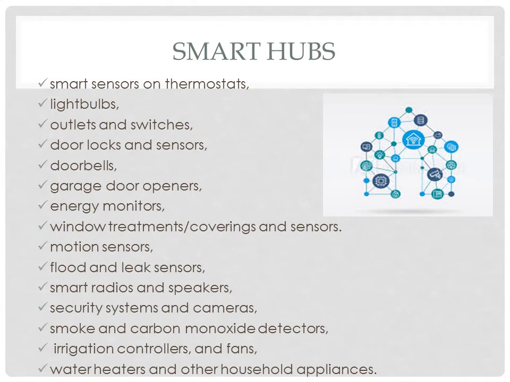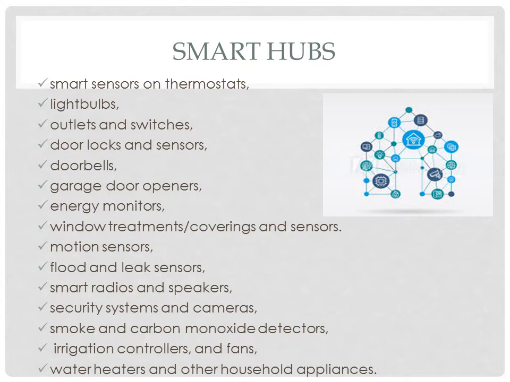Smart home hubs are able to control many smart home and IoT enabled devices and systems, including smart sensors on thermostats, light bulbs, outlets and switches, door locks and sensors, doorbells, garage door openers, energy monitors, and window treatments or coverings, and sensors.